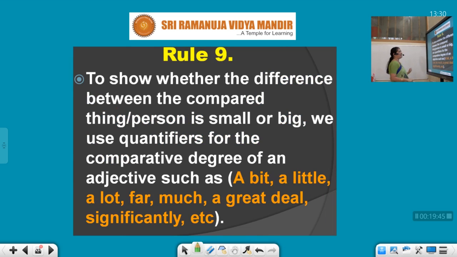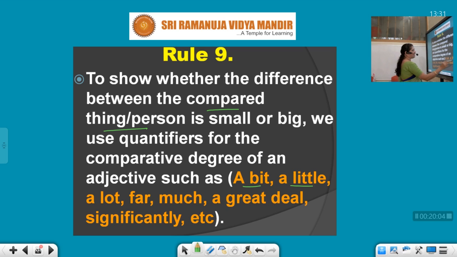So your rule number 9 says, to show whether the difference between the compared thing or person, whatever we are comparing with, a person or thing, is small or big, we use quantifiers for the comparative degree. What are the quantifiers?